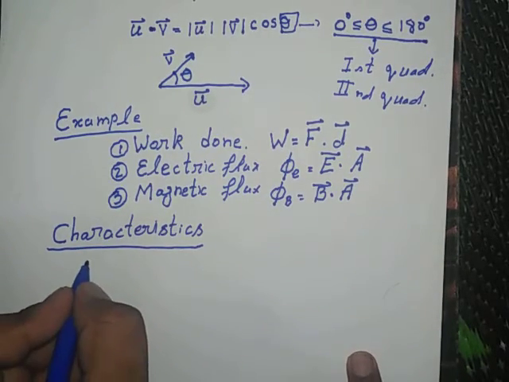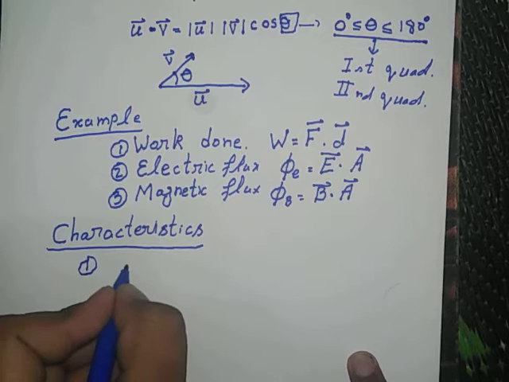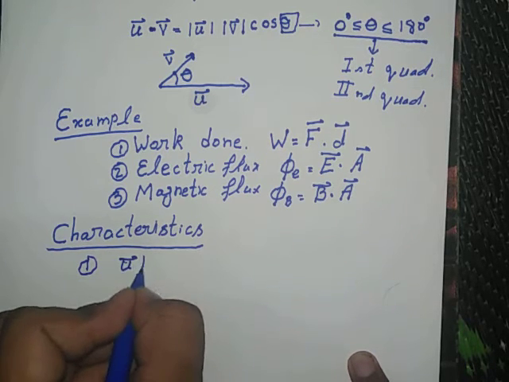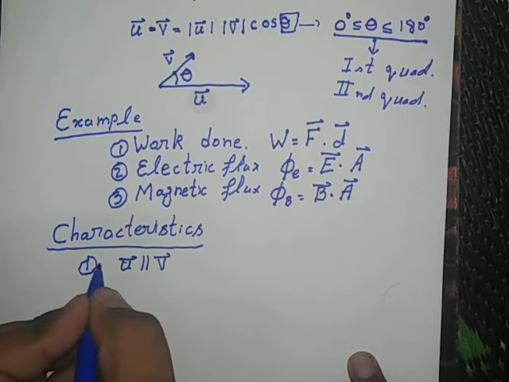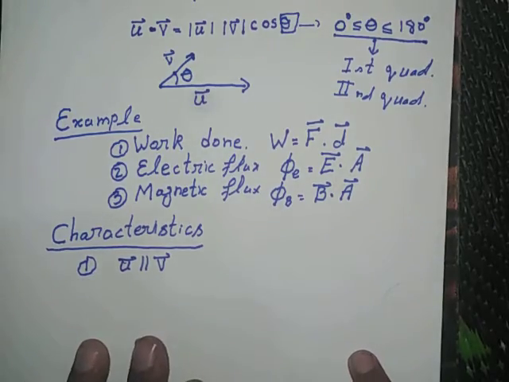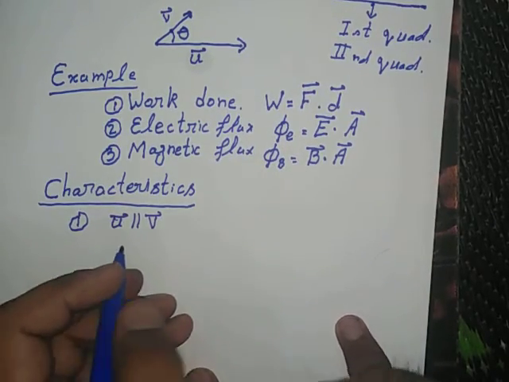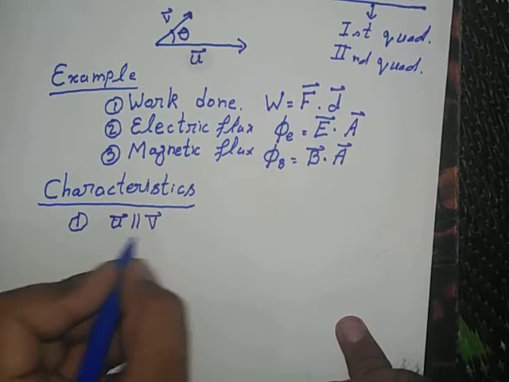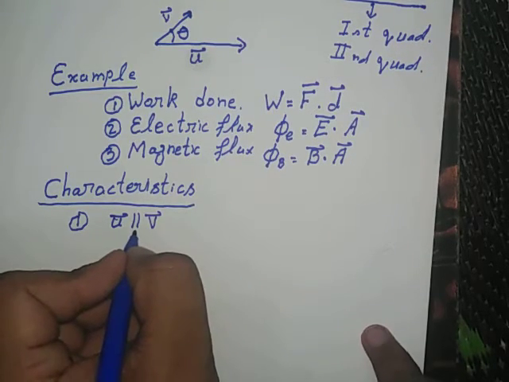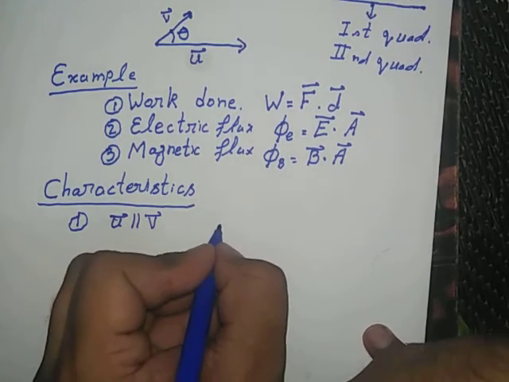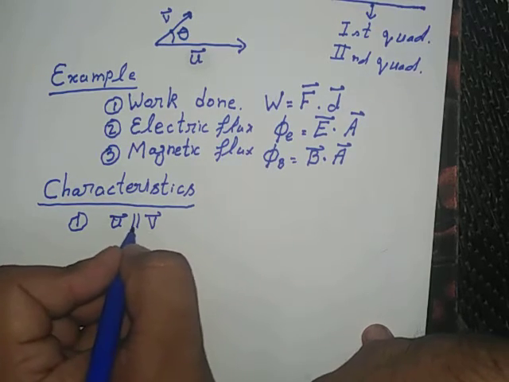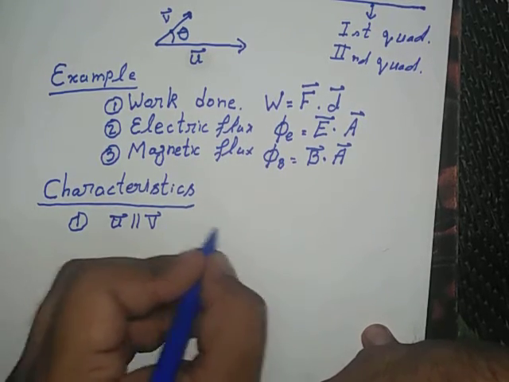The first characteristic is that if vector u is parallel to vector v, then we know that the angle between them is 0 degrees.